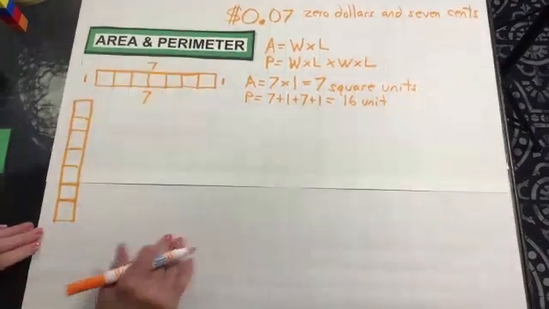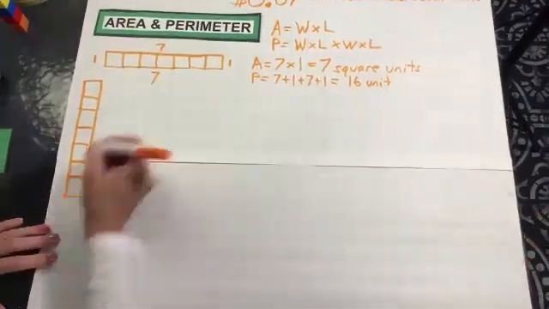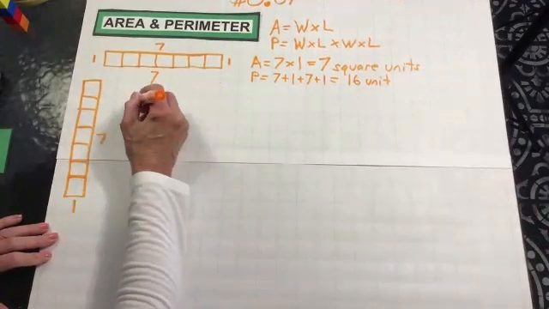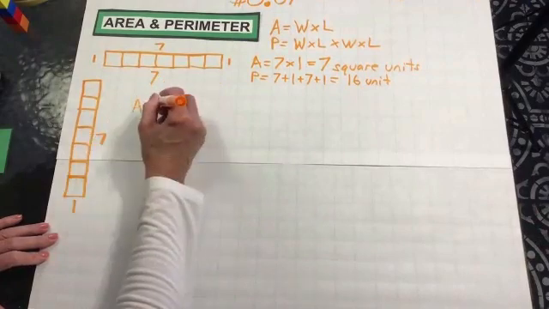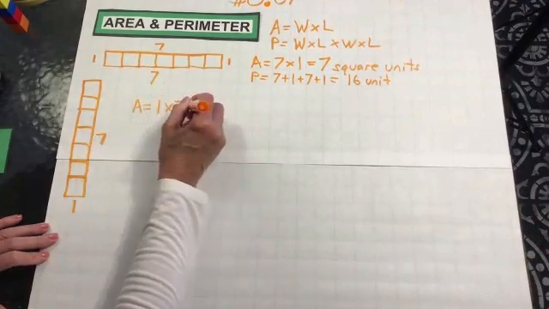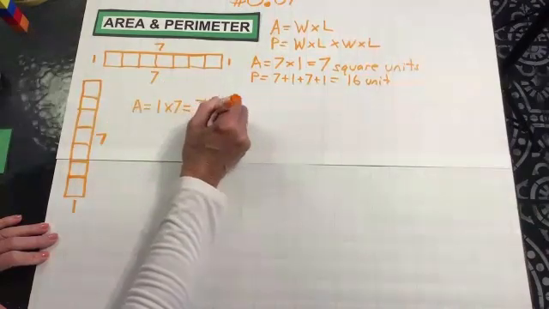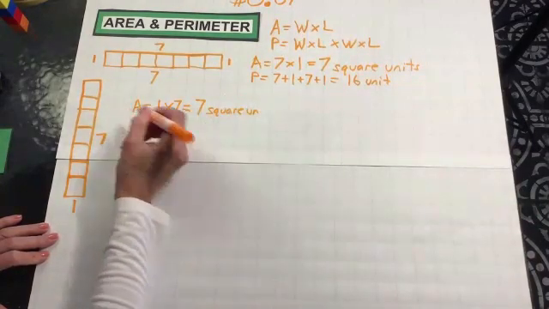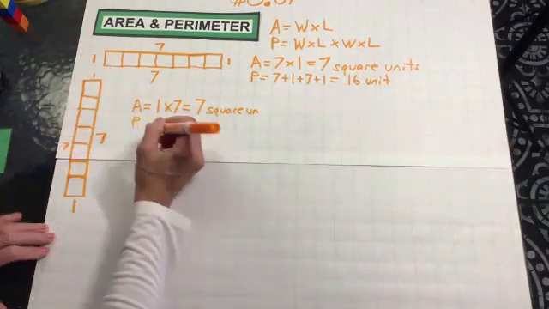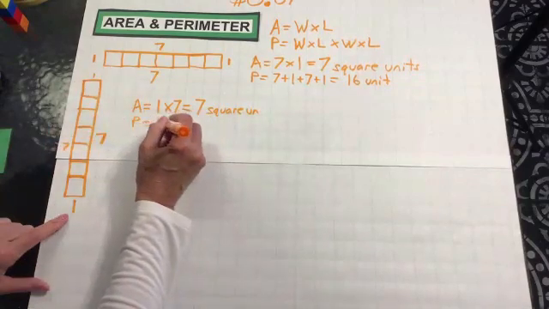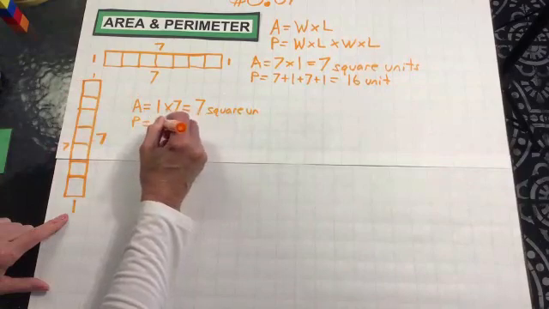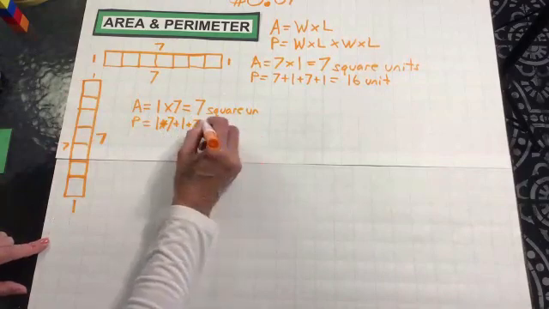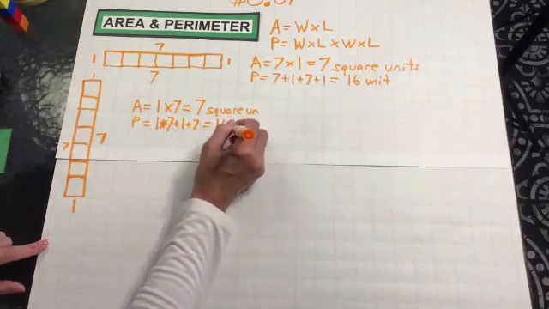So I'm going to move my paper up so you can see better. So this would be a 1 by 7. So the area of this one equals 1 times 7, which equals 7 square units. And we do the perimeter. Now it would be a 1 by 7. Oops, I'm sorry. 1 plus 7 plus 1 plus 7 equals 16 units.